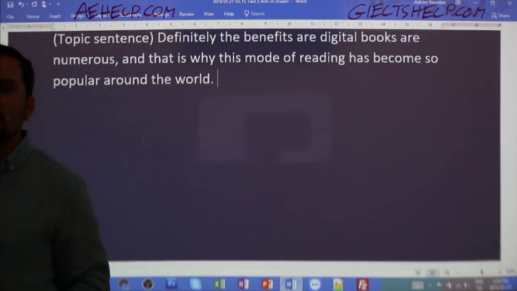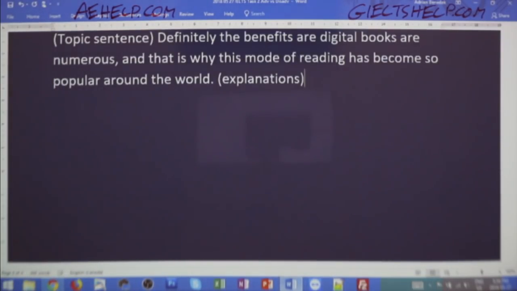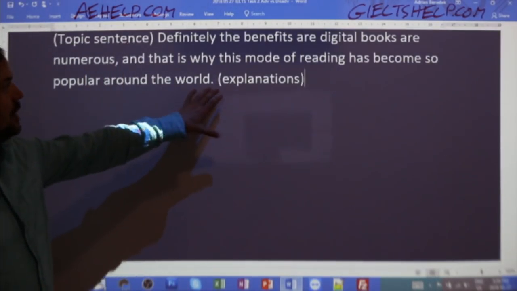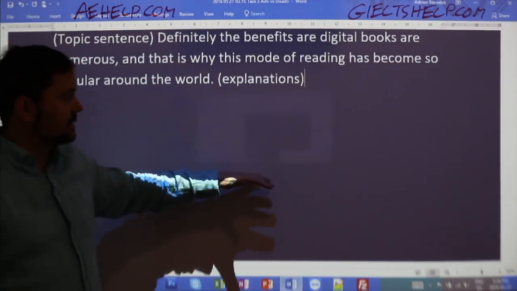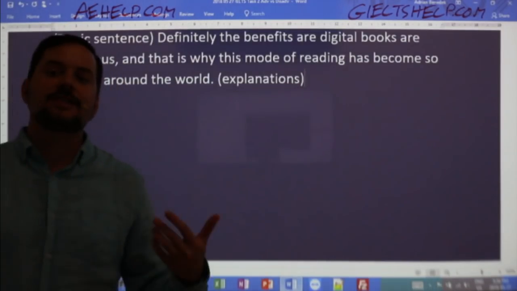Okay, now, here is where you want to add some explanations, of course. And we've talked about this in the critical thinking when we did our planning. So we have all the information. What we need to do here is list it. Okay, so here you're making a list. Now this is where you can use something like first, second, third.